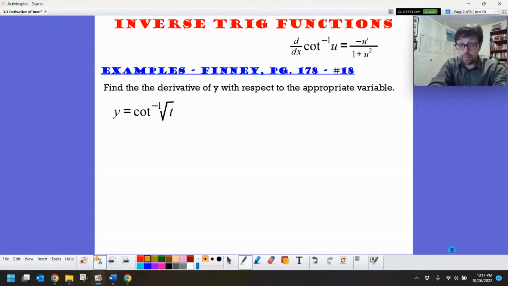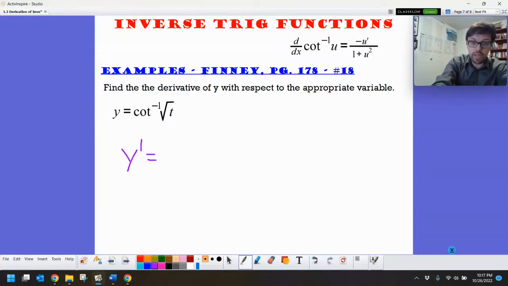In this example, we want to deal with the derivative of inverse cotangent. So I've got my formula up there. To do this derivative, all we got to do to find y prime is do the derivative of our inside, which is 1/2 t to the negative 1/2. There's a negative in front of it from our little formula there, over 1 plus our inside being squared.